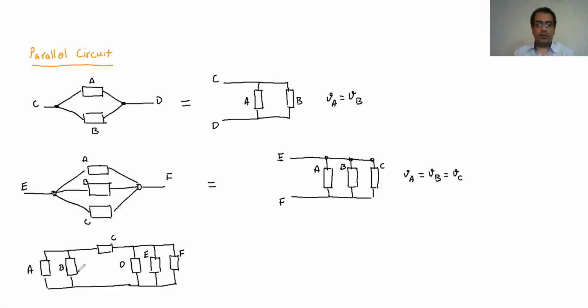So A and B are in parallel, because the corresponding ends are connected to each other. So VA is equal to VB. Looking at this, the one end of D, E, and F are connected to each other, and the other end of D, E, and F are also connected to each other.